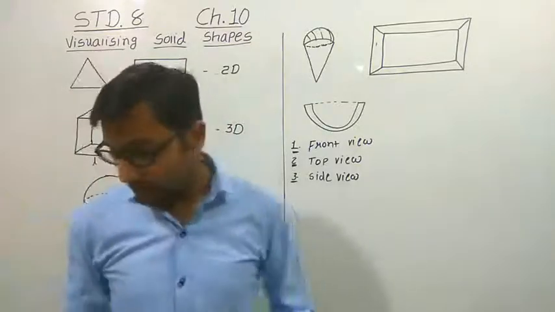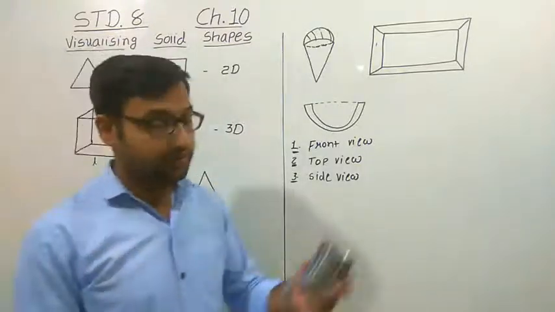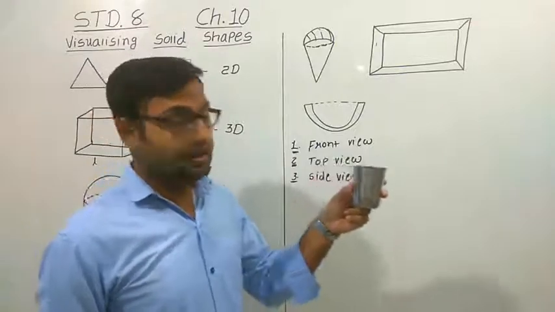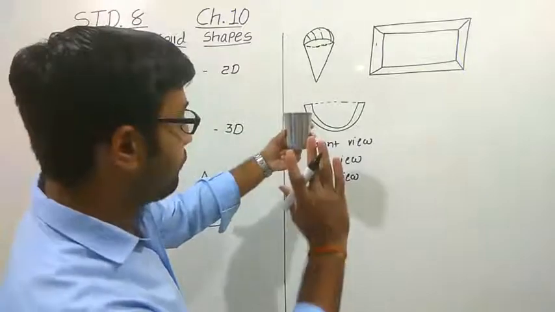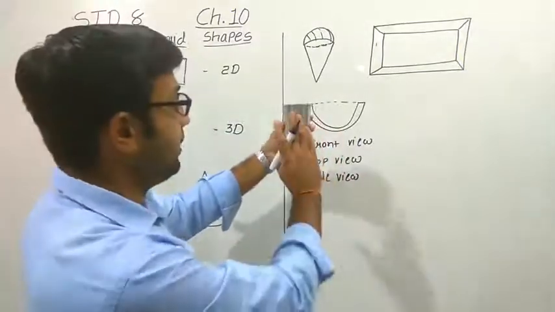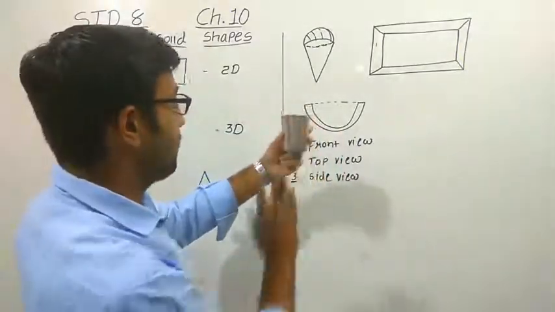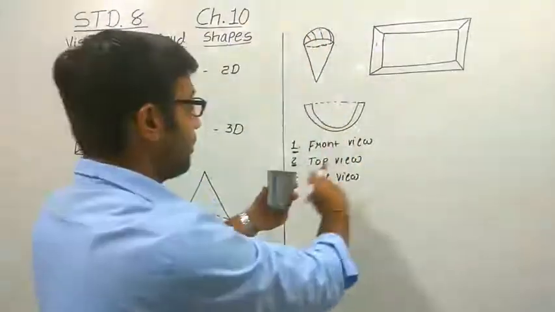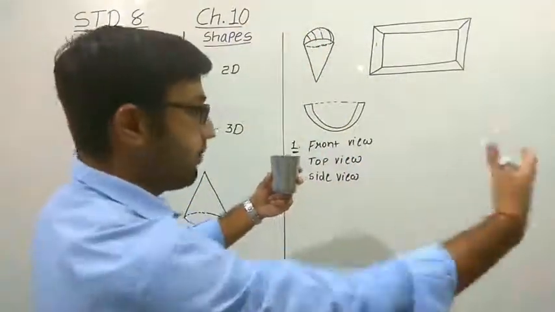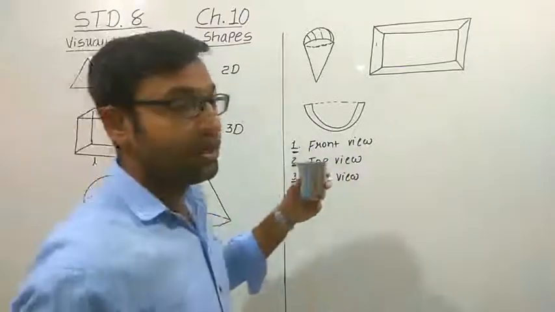Like, we are taking an example here of a glass, right? So here we can put this glass like this. From here, if you look, it will be called the front view. If we look at it from the top, it will be called the top view, right? And from the side, if we look, it will be called the side view.